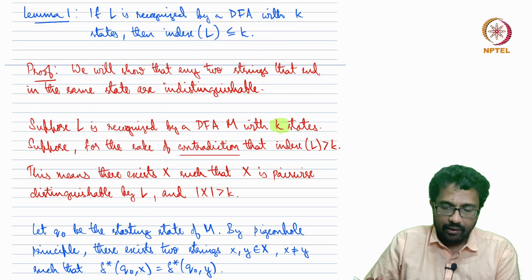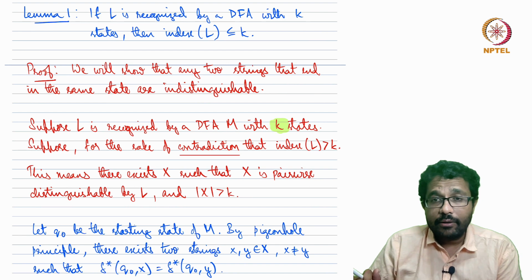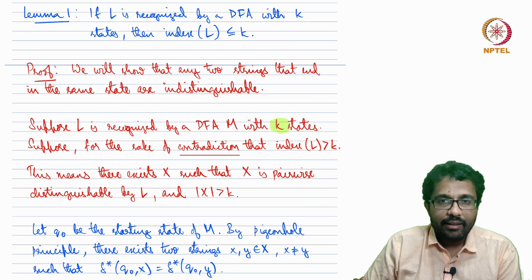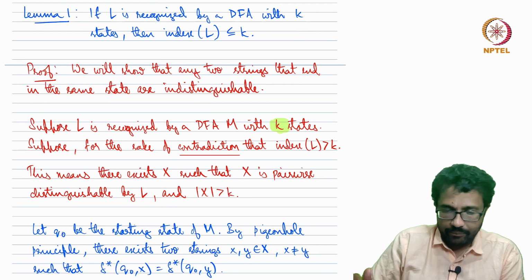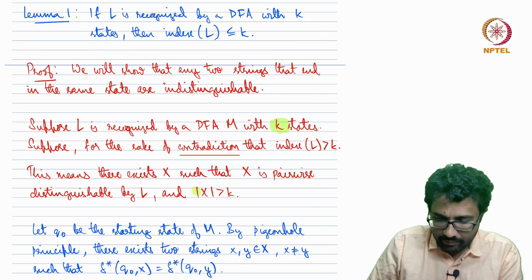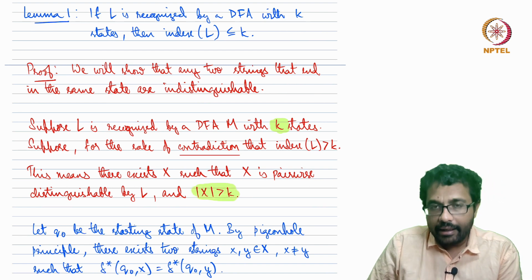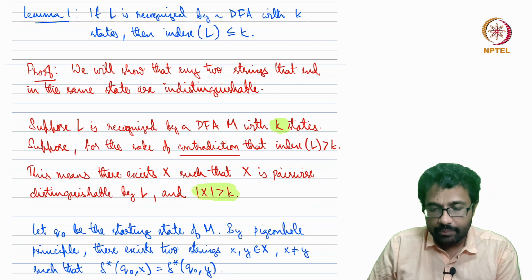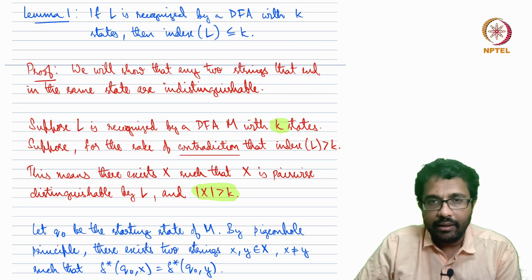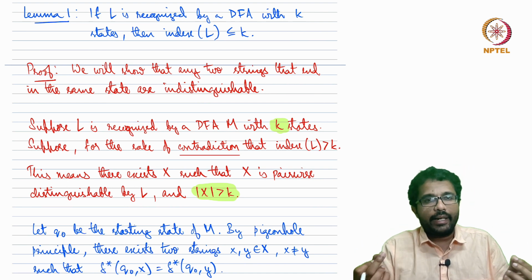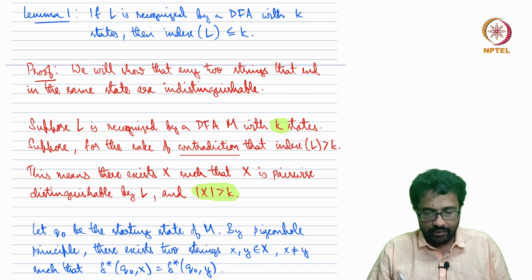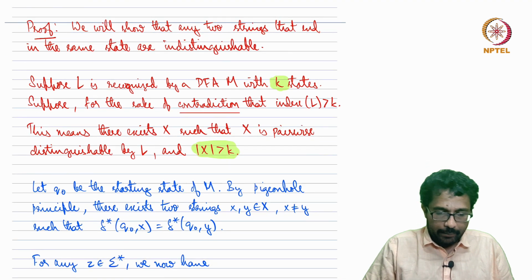This means that there is a set X of size more than k. That's what index means. There is a set X of size bigger than k which is pairwise distinguishable, meaning any two strings that you take from X will be distinguishable by the language.